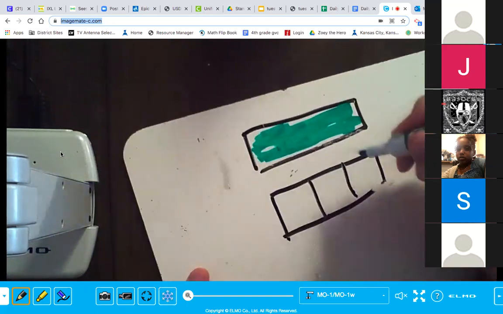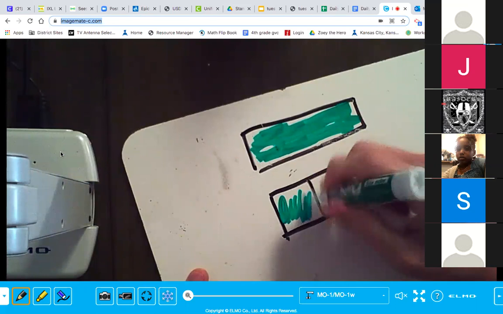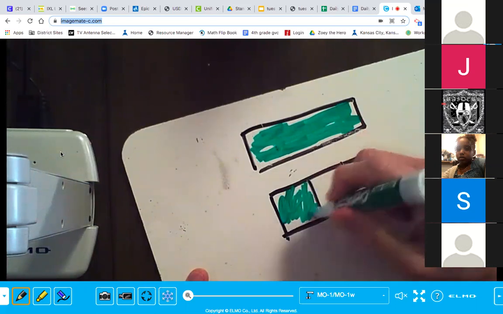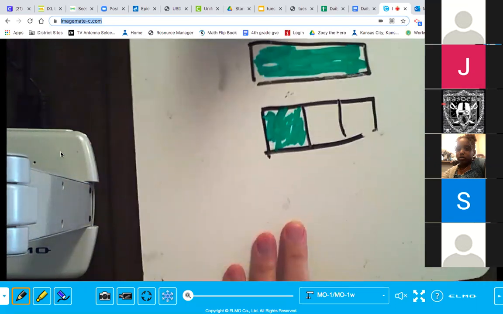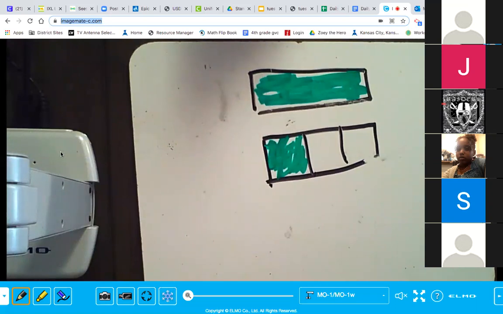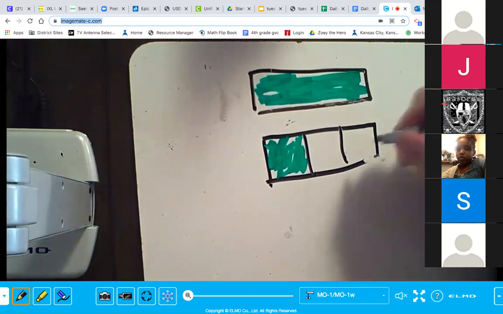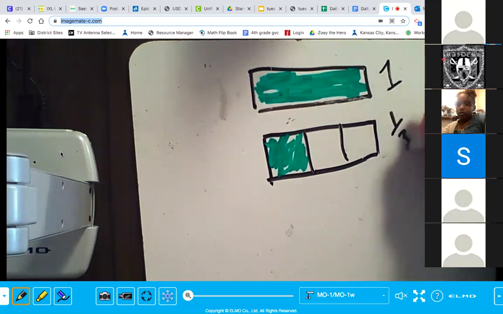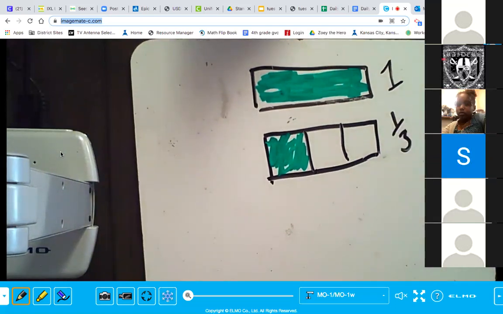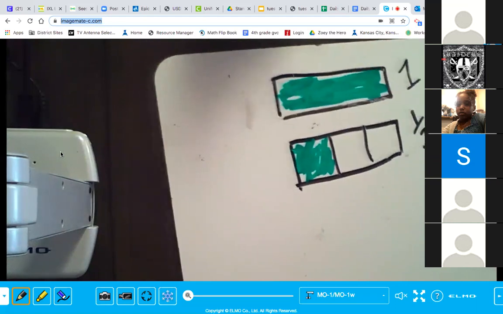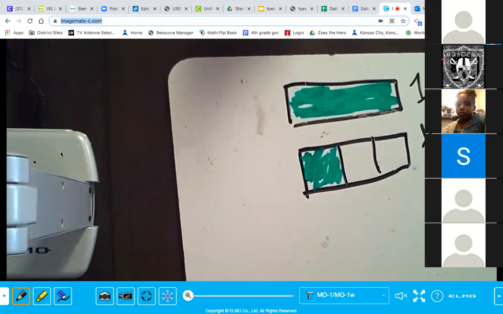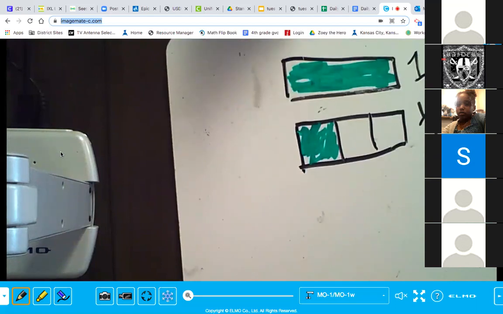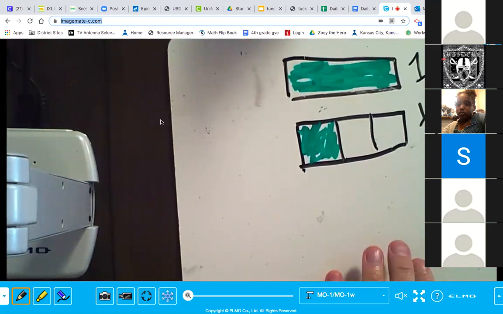And then what fraction is colored green down here? 1/3. So we've got 1 up here and we've got 1/3 down here. So how many thirds do we have in this picture? First of all, let's figure that out.